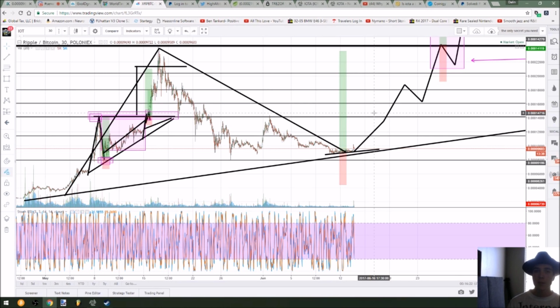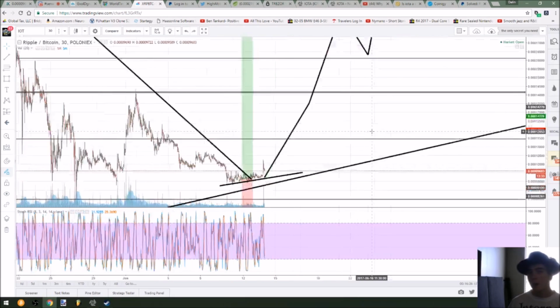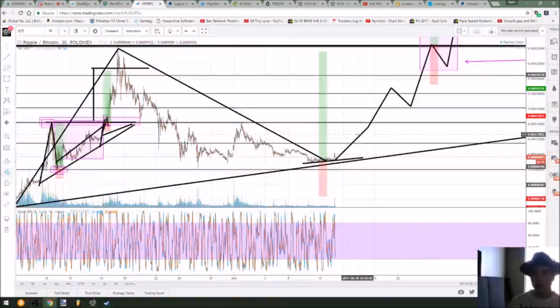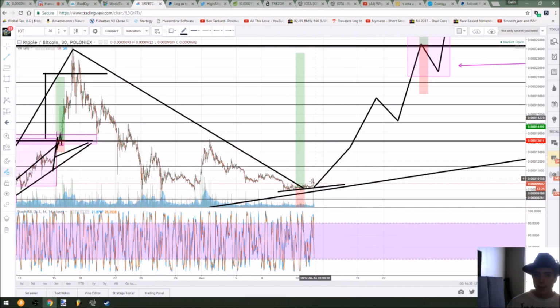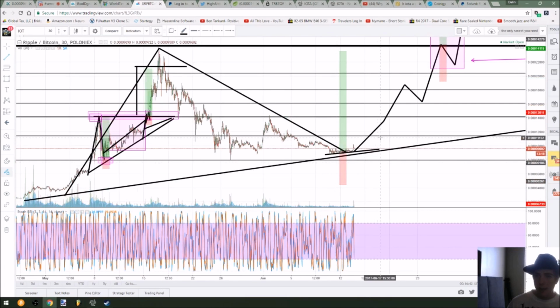The more that you use that setup, the more you'll know it, and the more you'll understand its outcome. So this is the setup that I generally use. It's one that I've been using a lot, and I think that we're in the bottom here on Ripple. So we're coming out of this setup, and let's see if it plays out here.